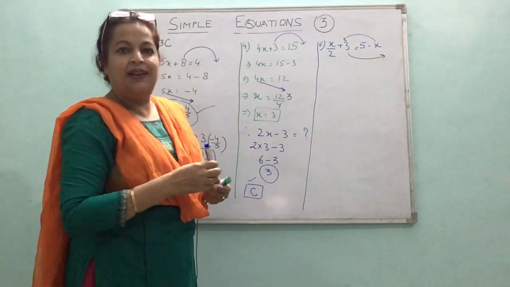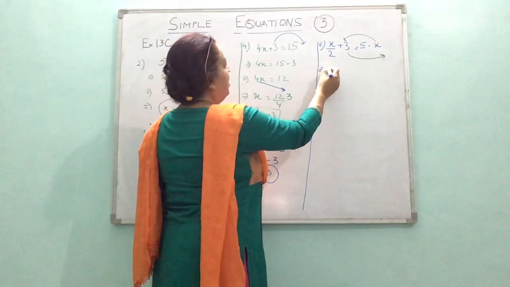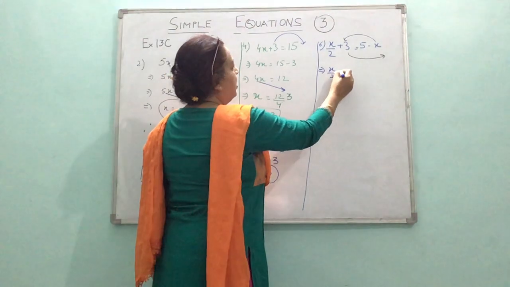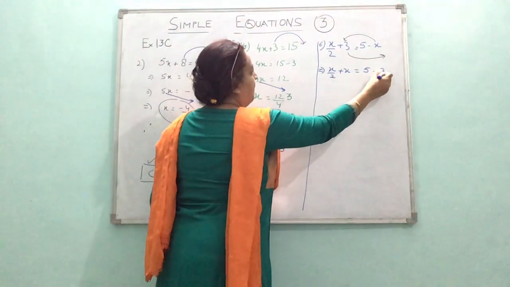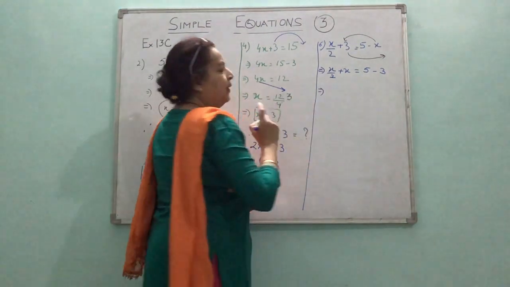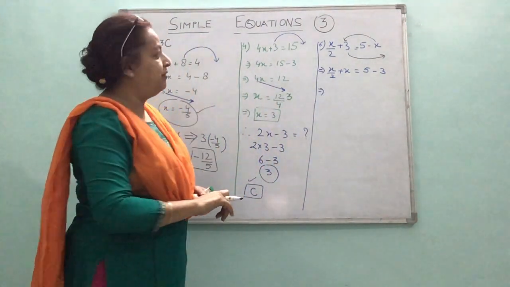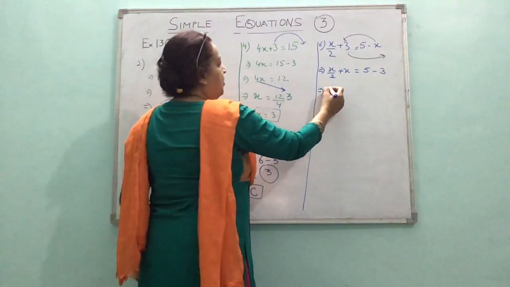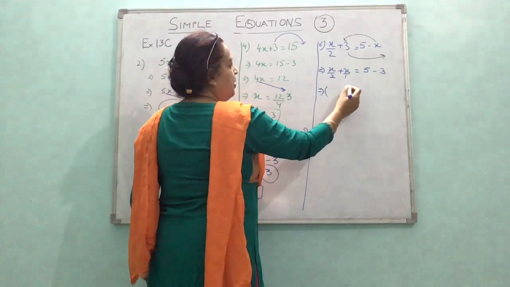It is double transposition, 2 times. So it would be x by 2 plus x here, and that side it would be 5 minus 3. Okay, now it is little fractions, so be a little careful. We will put it in brackets, children. It is upon 1. It would make your work easy.